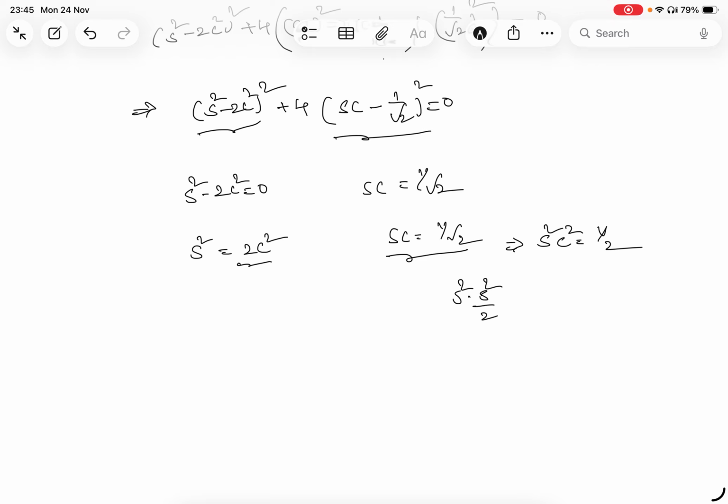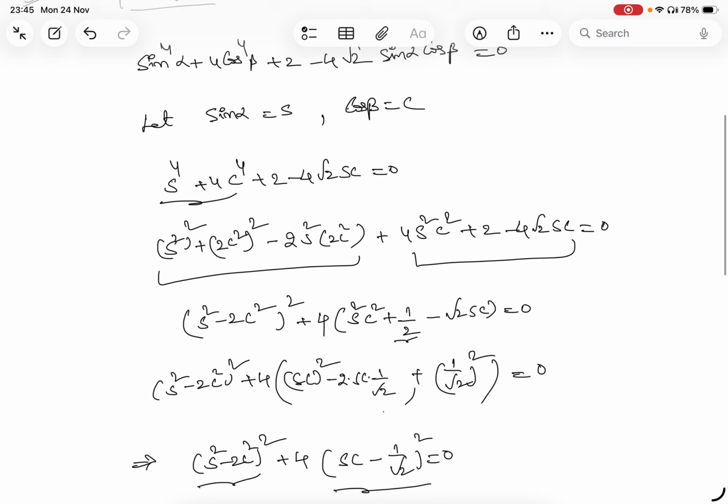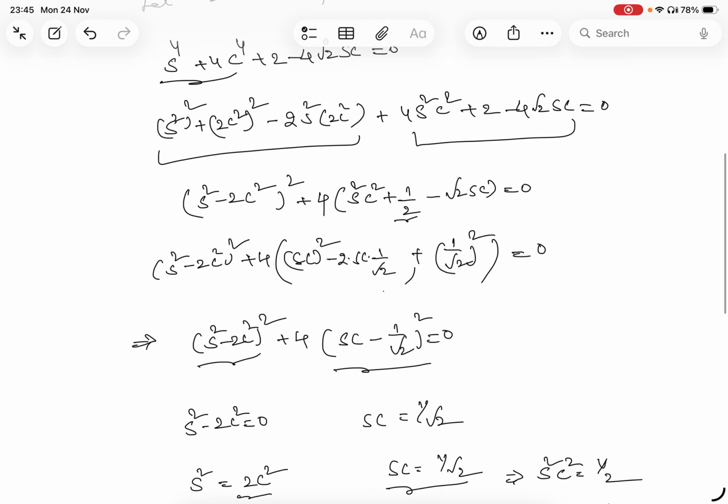S⁴ by 2 is equal to 1 by 2. The 2s get cancelled and you are left with S⁴ = 1. S is sine, right? sin⁴α = 1. Instead of writing sin α every time, we have made it S.